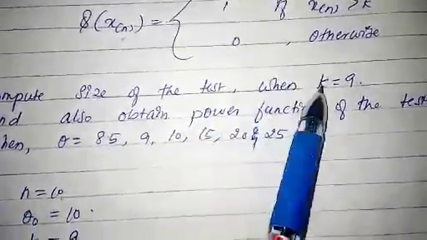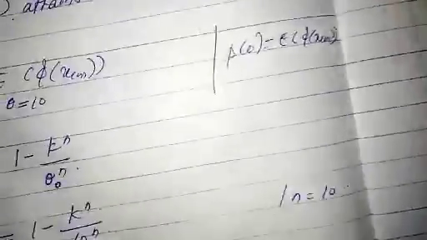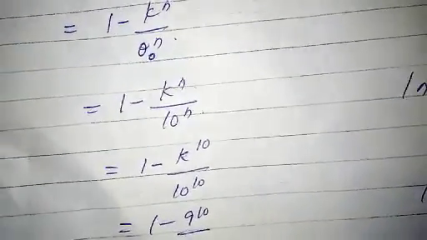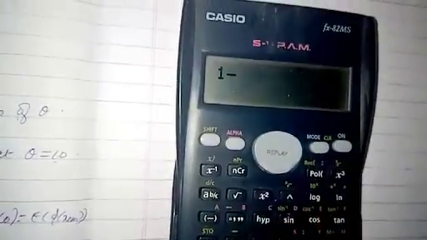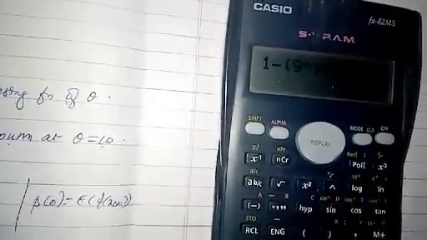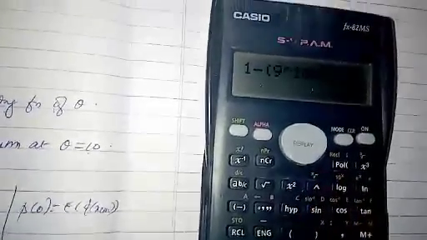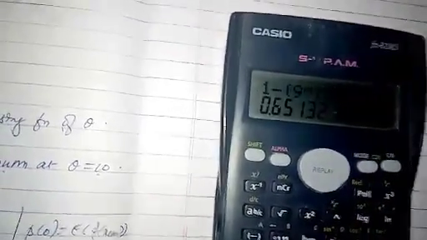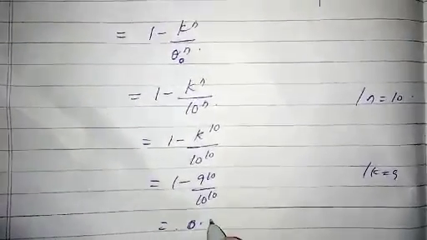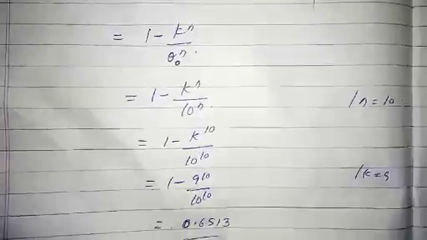Compute the size of the test when k equal to 9. So substitute the value of k, that is k is 9. It's equal to 1 minus 9 to the power 10 divided by 10 to the power 10, which is equal to 0.6513.